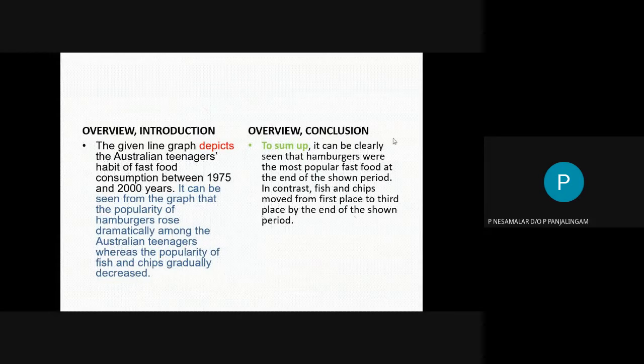Here is the conclusion, first sentence, and here is the overview. So they are written differently. The sentence structures are different, and this will help you, if you can do that, to get a better grade.